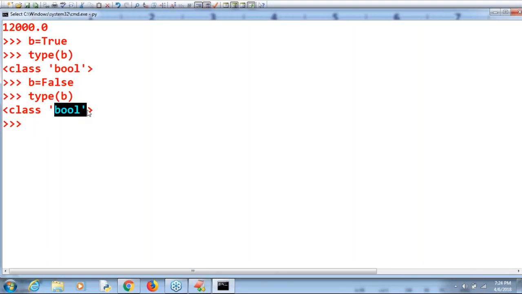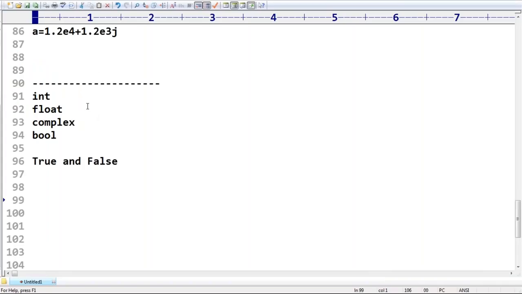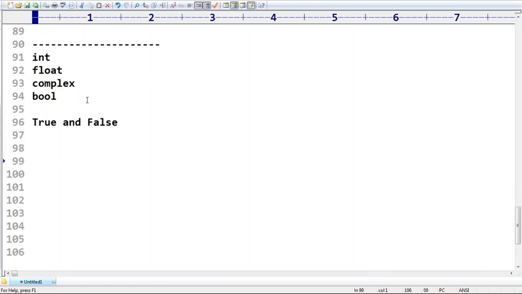Now have a look once. A is equal to 10, B is equal to 20, C is equal to A less than B. If you print the type of C, what is it?